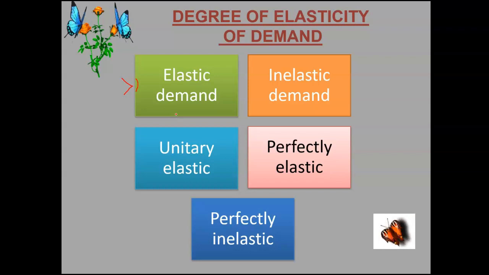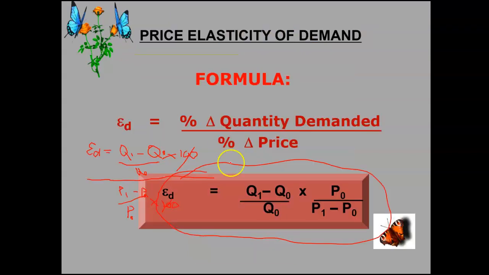Dan kamu akan sentiasa dapat jawapan ni negatif. Sebab apa? Sebab relationship between the quantity demanded dengan price ni adalah negatif. Jadi sentiasa akan dapat negatif. So maybe you will get a negative 2.3 contoh. So what you need to do is kamu kena pagarkan dia, dan dia akan jadi positif. Okay, so jawapan dia adalah 2.3.